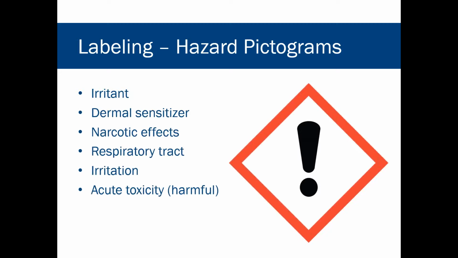The last pictogram is the exclamation mark, which I kind of think of as the catch-all. These are going to include irritants, dermal sensitizers, something that's going to cause inflammation or itchiness to your skin, chemicals that cause narcotic effects or effects to the respiratory tract, and other acute or less harmful effects.